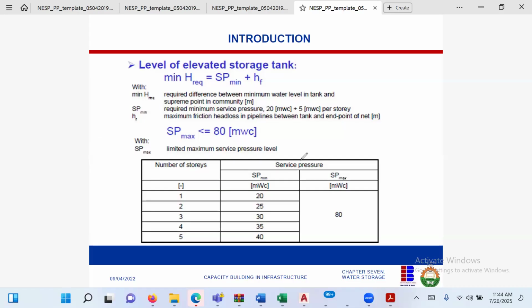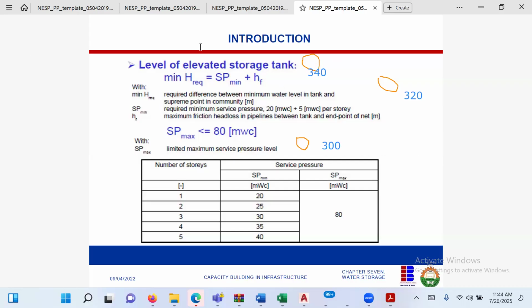So, for instance, how do I demonstrate this? If somebody is at this elevation, and another person at this elevation, then it means my tank should be at this elevation. So let's assume now that this place is 340 meters above sea level, and this place is at 320, and this person is at 300.